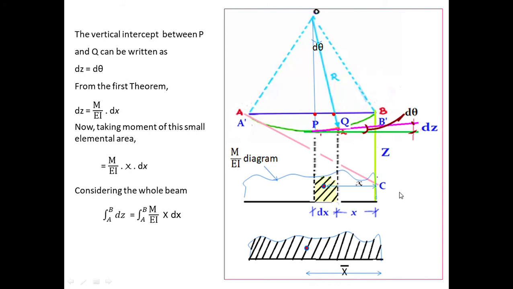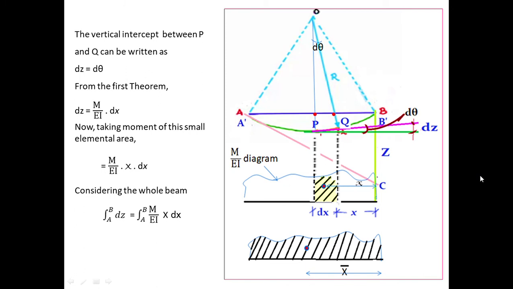Considering the whole beam, it may be rewritten as M by EI x bar dx, so the centroidal distance is x bar for the whole area of the beam.